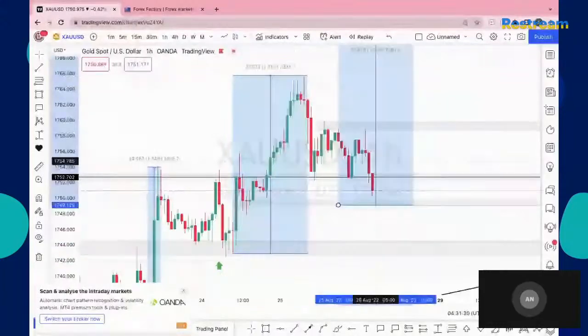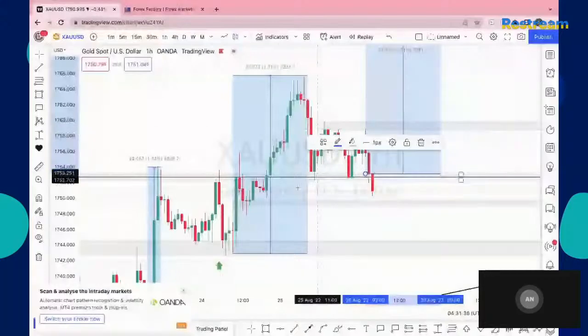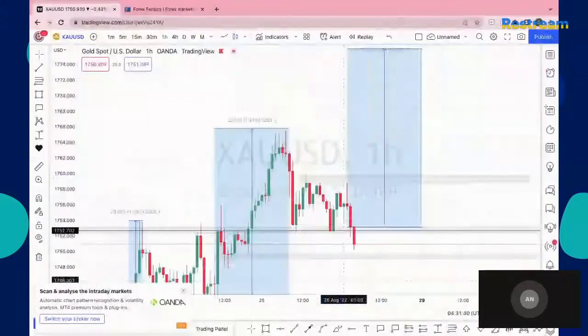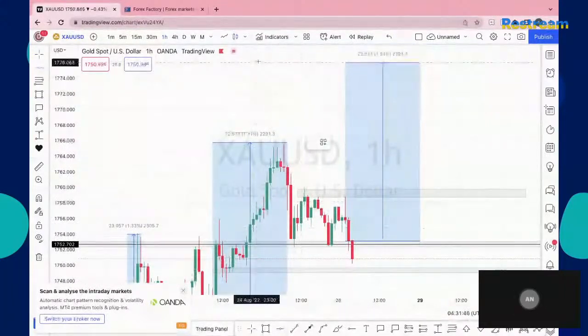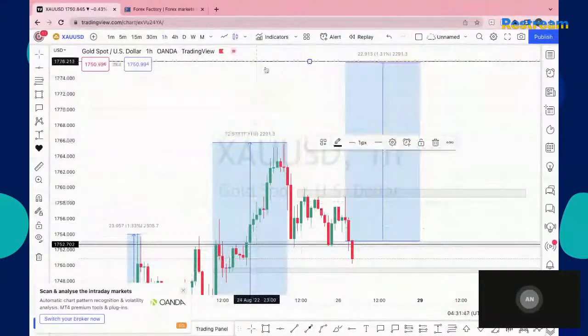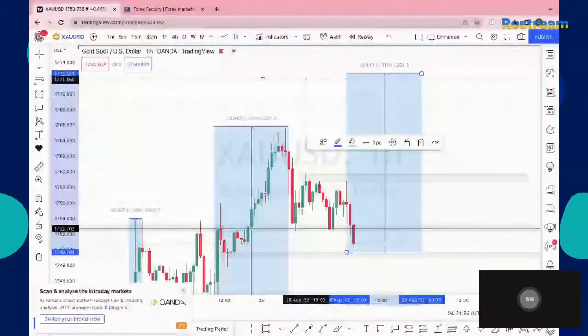Another impulse move, but here you see it's in this consolidation, but the consolidation is meant to be somewhere here, this here. So it's either up to 1777 somewhere there, right? Or if we do consider it from here, it could be 1771, which both zones are important, especially if we scroll to the left hand side.